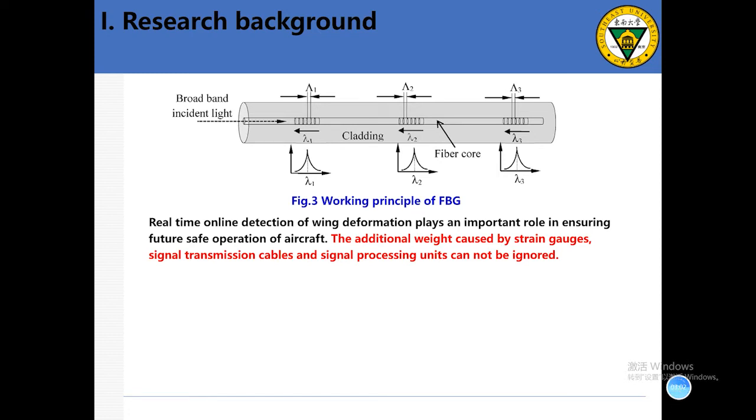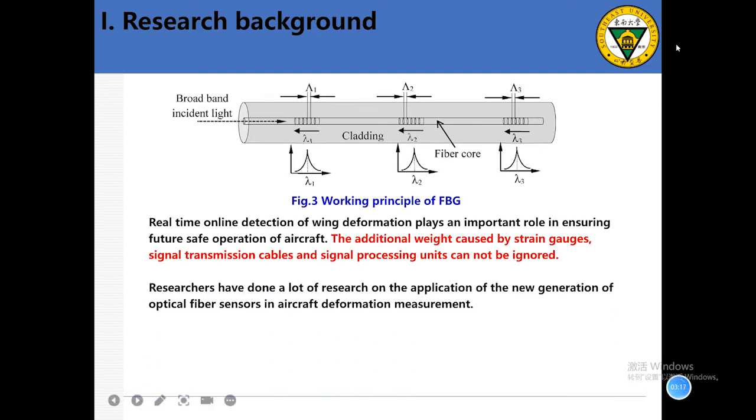The additional weight caused by strain gauges, signal transmission cables, and signal processing unit cannot be ignored. Researchers have done a lot of research on the application of the new generation of optical fiber sensors in aircraft deformation measurement.